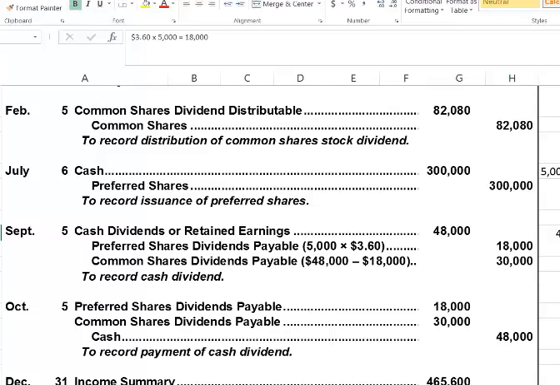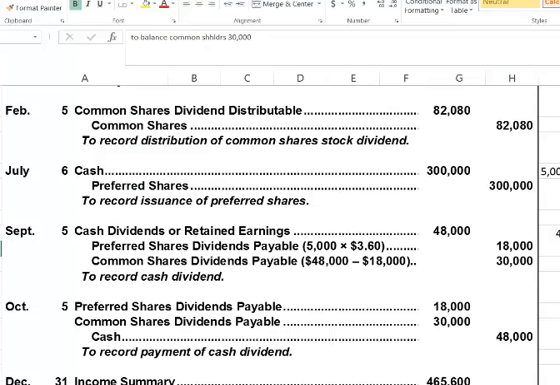So the preferred shareholders would get 18,000. So that means to balance, the common shareholders get 30,000. Because if we're issuing a cash dividend of 48,000 and we know that preferreds are going to get 18, then that means the common are going to get the balance of 30,000.